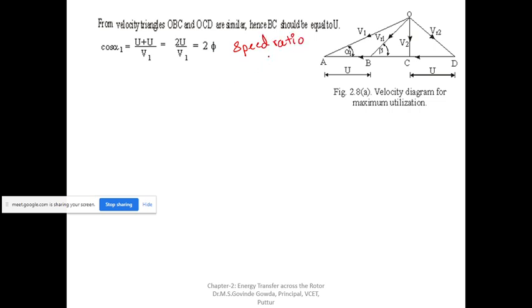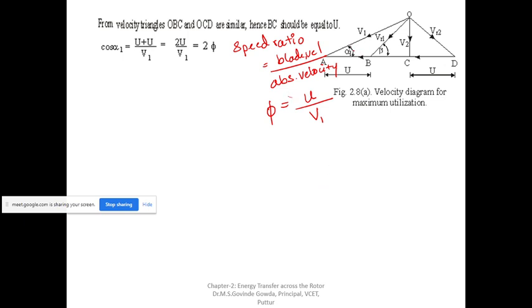What is the speed ratio? It is the ratio of blade velocity to the absolute velocity. The blade velocity is given by U and the absolute velocity is given by V1. Speed ratio is denoted by phi, so phi equal to U by V1.